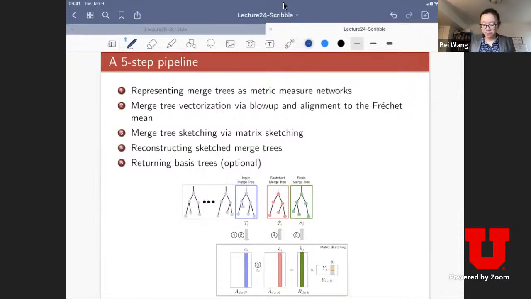First of all, because I'm going to apply things like matrix sketching, in order to do matrix sketching, each of the columns has to have the same size. So in other words, the first requirement of converting a merge tree to a high dimensional vector is that even if my input merge trees have different sizes, I would like to convert them to high dimensional vectors of the same length. Okay, so that's one of the first constraints.